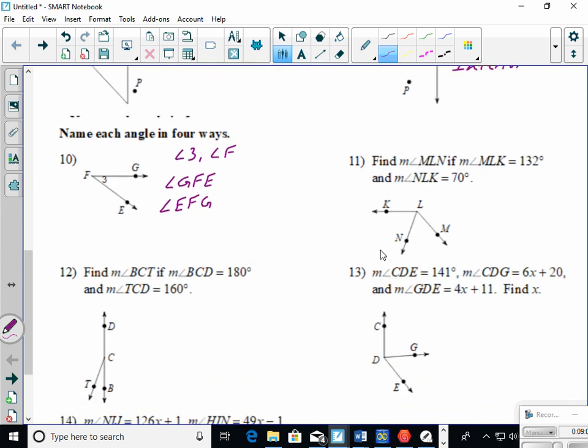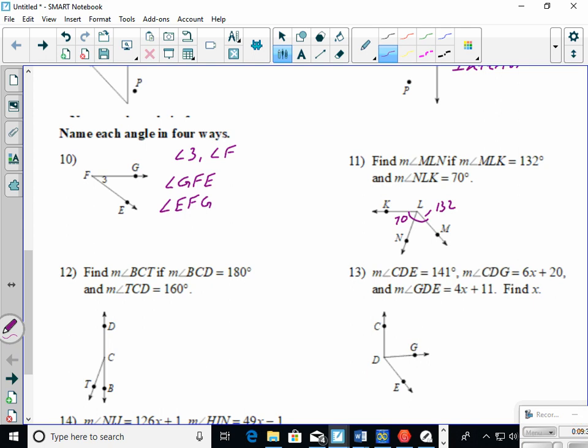All right. 11, find the measure of angle MLN if MLK equals 130 degrees and NLK equals 70 degrees. So MLK, the whole angle there, is 132. NLK is 70.